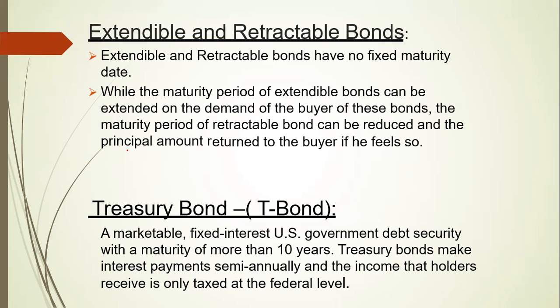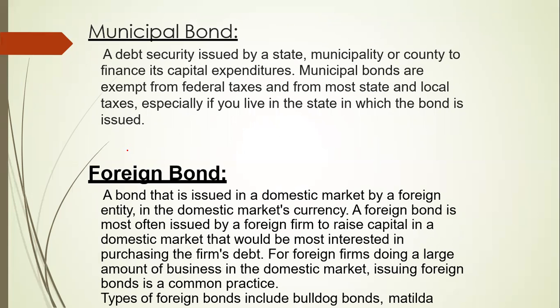Next comes the treasury bonds, also called T bonds. These are marketable, fixed interest rate, US government debt securities with a maturity of more than 10 years. Treasury bonds make interest payments semi-annually and the income that holders receive is only taxed at the federal level. Next comes municipal bonds. These are again one of the famous bonds.